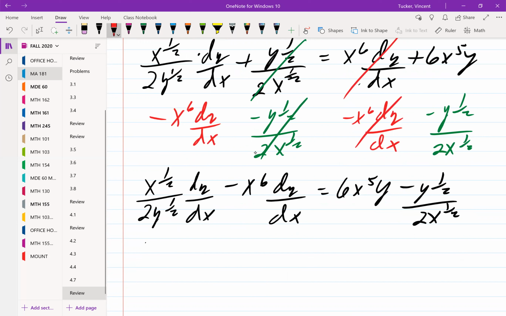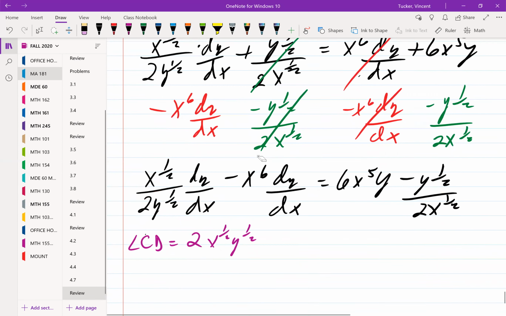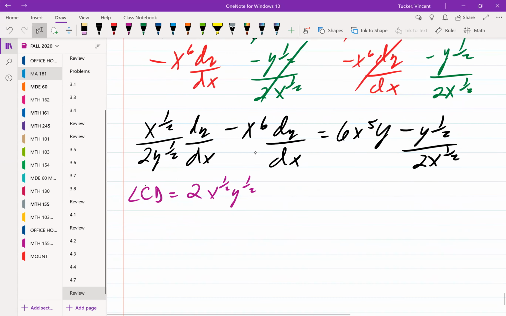Okay, if I wanted to get rid of this stuff in my denominator, I can multiply both of them by the LCD of 2x to the 1/2, y to the 1/2, just so I can get them out of these denominators. So make this stuff less complicated or less involved. So I will multiply, like I said, each term by that. Let me see.